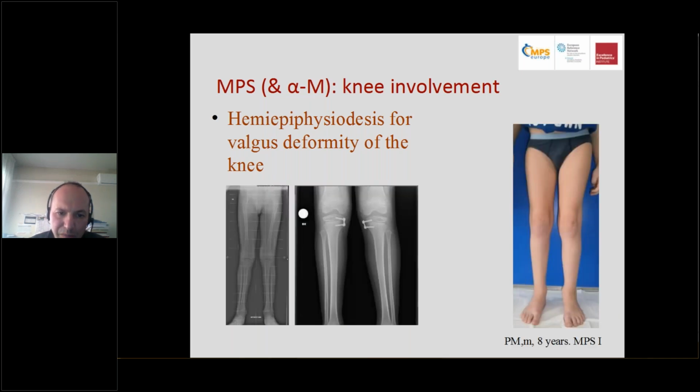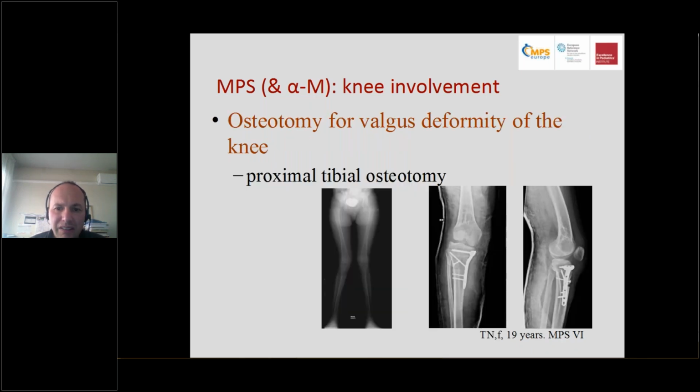This is a clinical and radiological picture of hemiepiphysiodesis for a valgus deformity of the knee in an MPS 1 patient. And obviously, we can correct the deformity also in adults, like I did in this case of MPS patients. But the surgery is not so simple a procedure like the hemiepiphysiodesis.